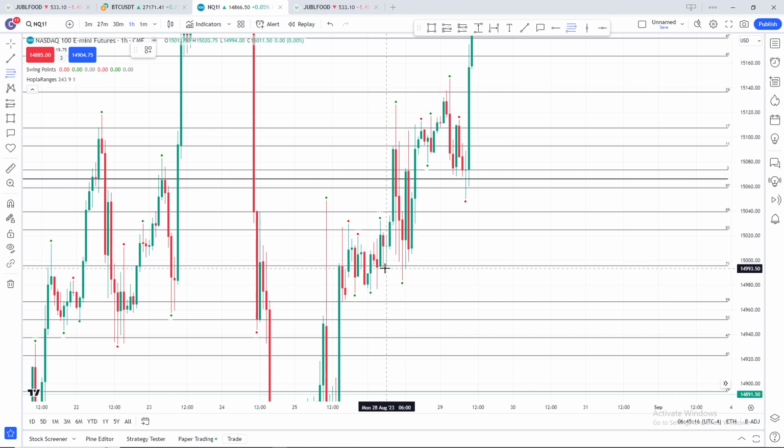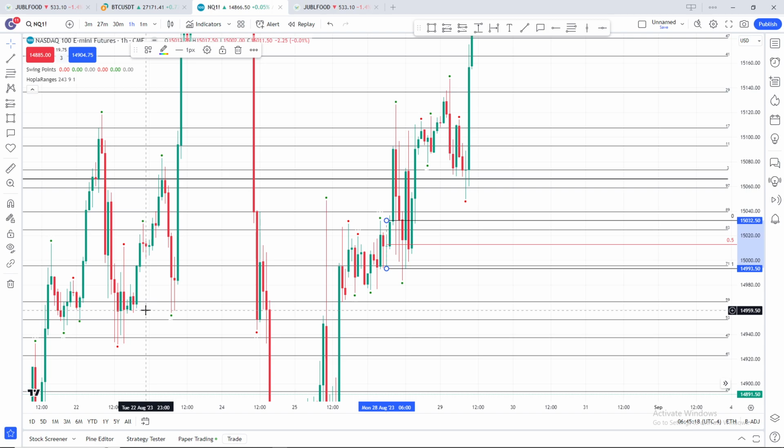Now what I'll do is draw a 50% level on it, because we know most of the accumulation happens at 50% of the order block. 50% is pretty sensitive, it is the mean threshold and also the opening price of the order block. Since we are bearish, we are going to find an up close candle that has taken the liquidity and is on the 83 level.